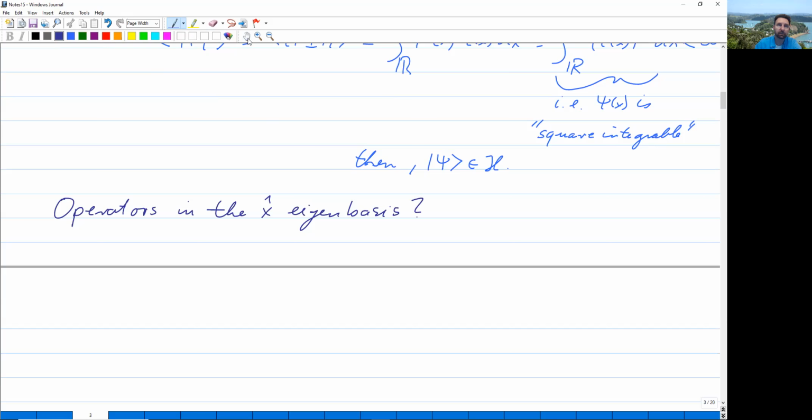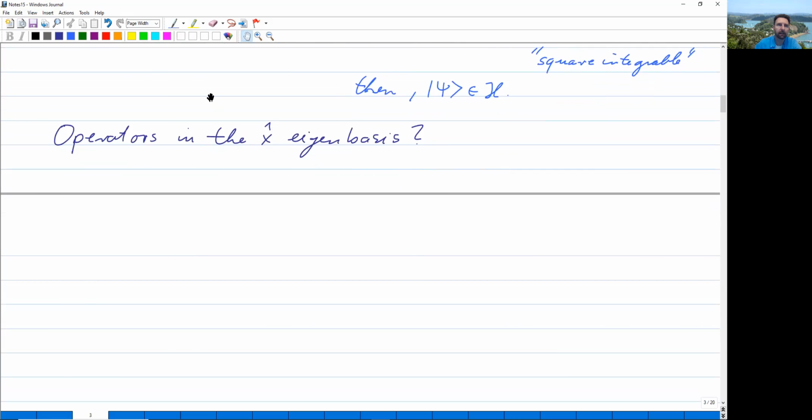Let's choose one, for example some operator q hat. This could be the position operator, the momentum operator, the Hamiltonian of some system, an angular momentum, whatever observable we may want to choose. So q hat is some abstract operator on the Hilbert space. We want to know how it looks in the position representation.